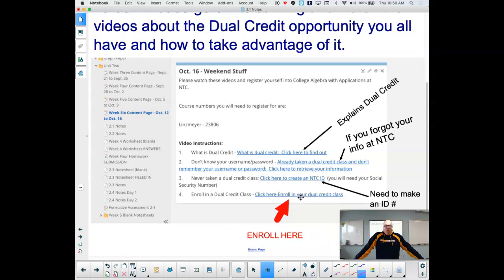However, enrolling now gives you the opportunity in the spring to get those 3 free college credits. If you don't enroll now, you don't get that opportunity in the spring. So you have to enroll now to do that.